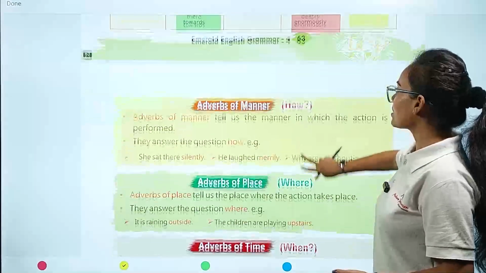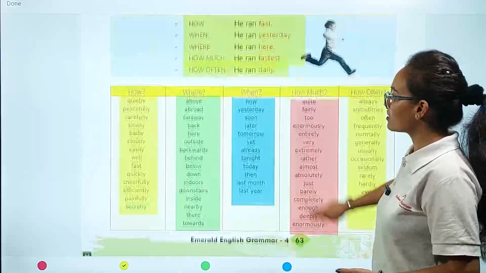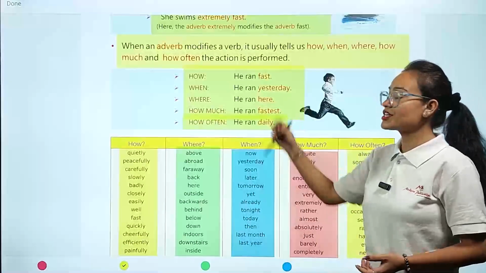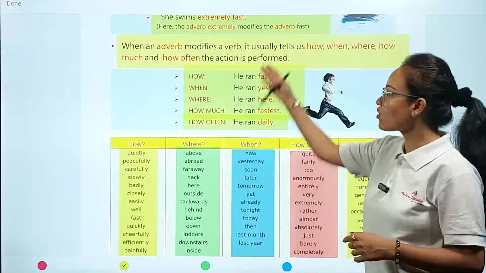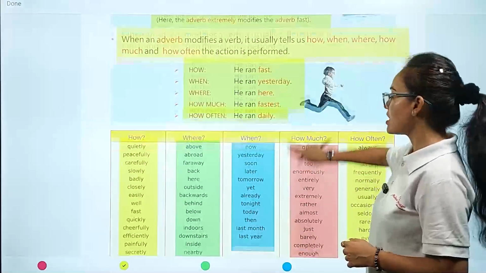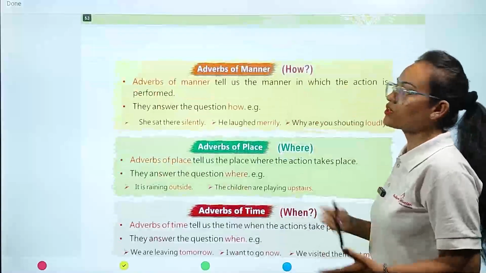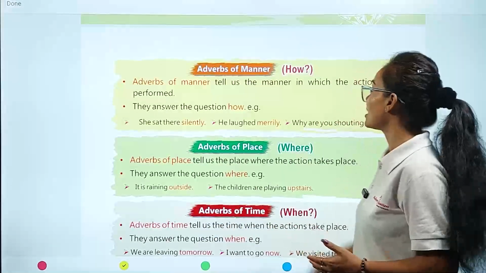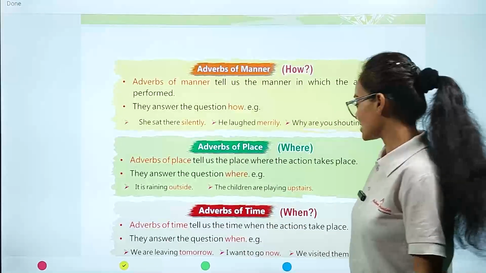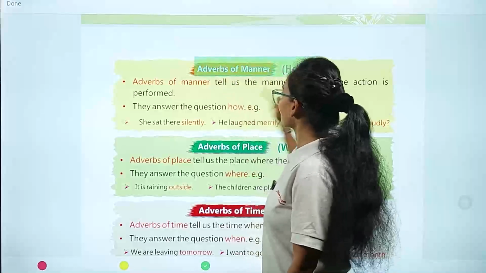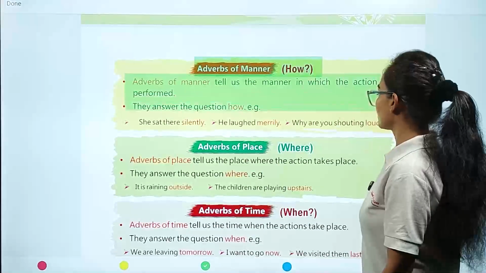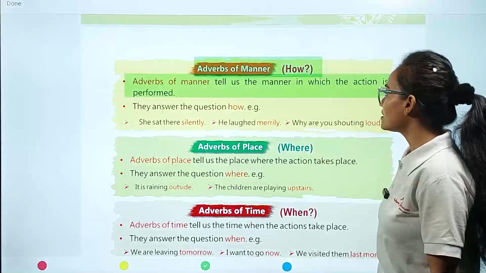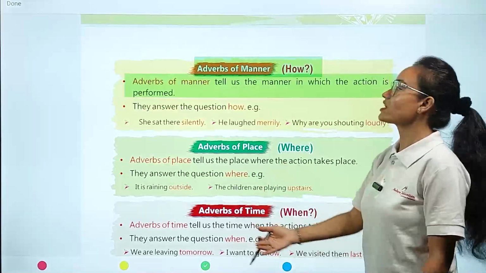Now we are going to see the adverb of manner. First of all, my dear students, we have seen adverbs of time, meaning when the action is performed, and where the action is performed. In all these categories we have discussed time. Now we are going to see in what way the action is modified, in what manner, meaning how. Adverbs of manner tell us the manner in which the action is performed.